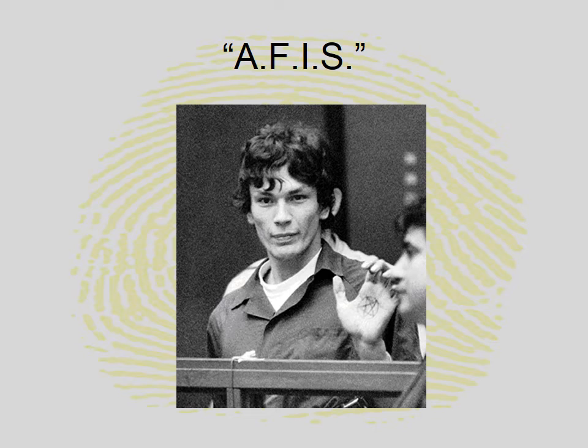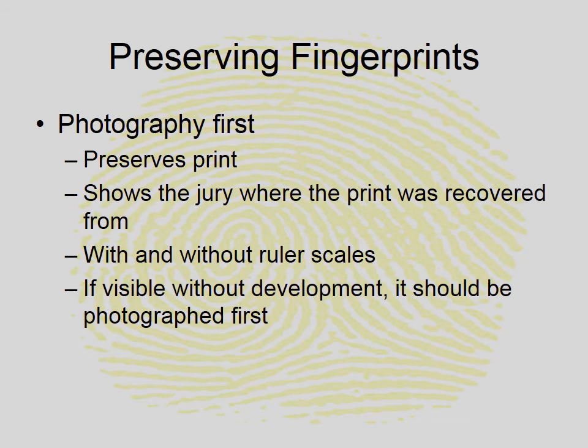But AFIS actually connected. One woman survived and saw him take off in a car, which ended up being a stolen vehicle. They found the stolen vehicle and they fingerprinted it, and they found this individual's fingerprint in the car on the mirror and connected it through AFIS. So it's very powerful.